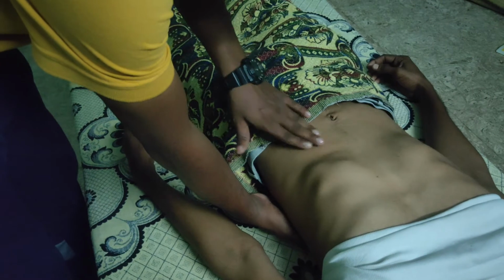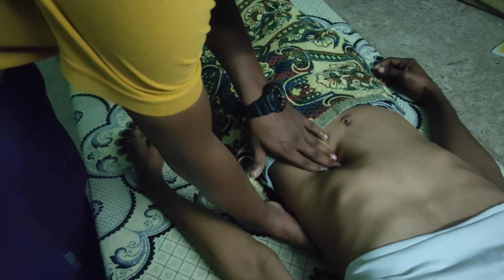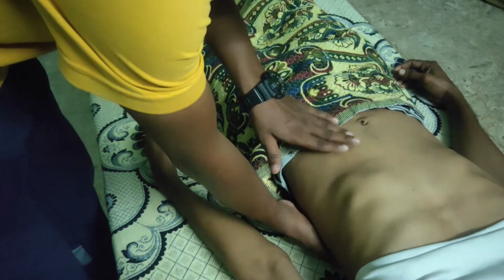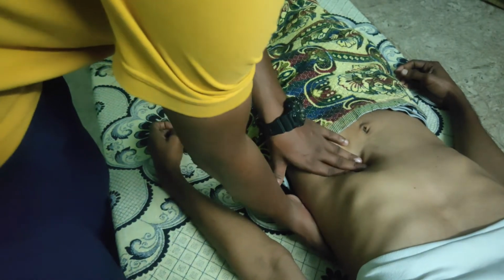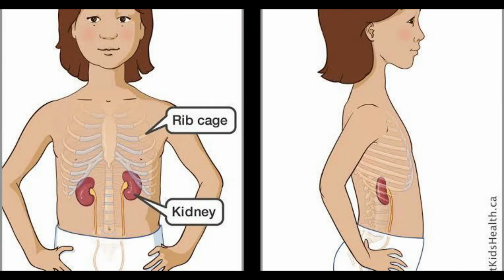Ask the patient to breathe out and then stop breathing. Slowly release the pressure of the left hand, feeling at the same time for the kidney to slide back into its expiratory position. If the kidney is palpable, describe its size, contour, and any tenderness.